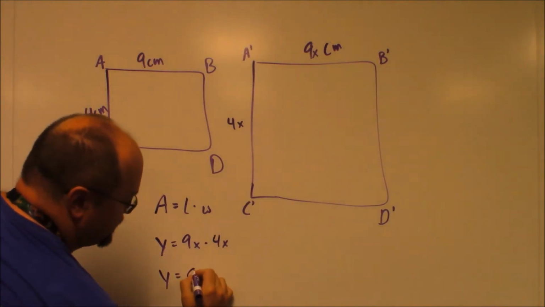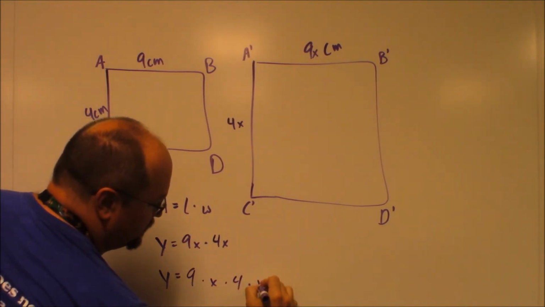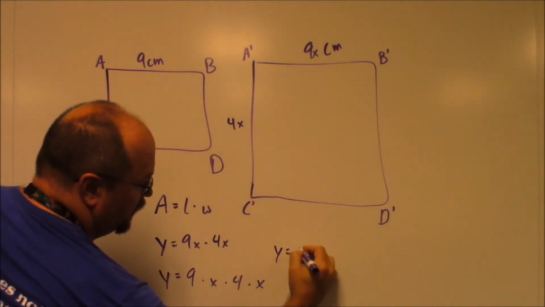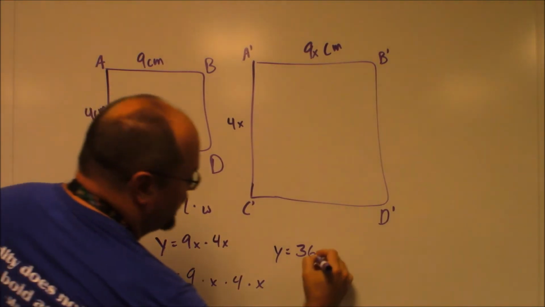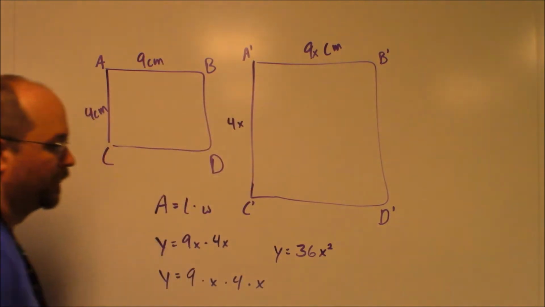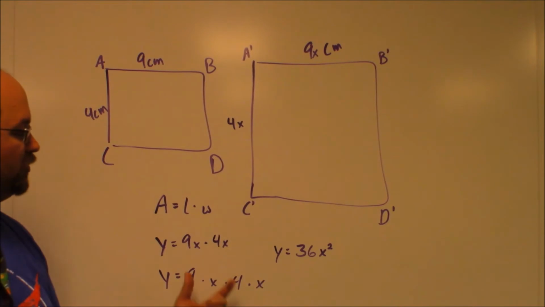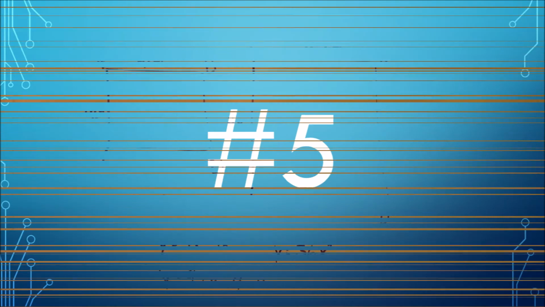This problem is basically saying 9 times x times 4 times x. 9 times 4 gives us 36. And then we've got x times x. Well, what is x times x? That's x squared. So be careful as you're doing this to make sure you're really thinking through what 9x times 4x would actually be.